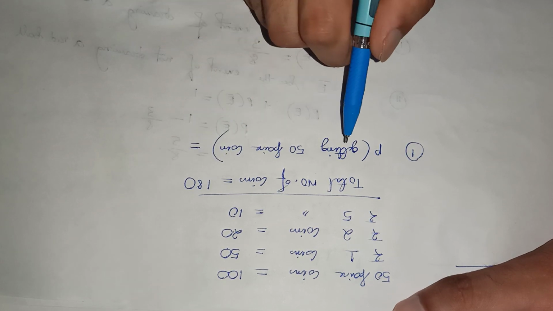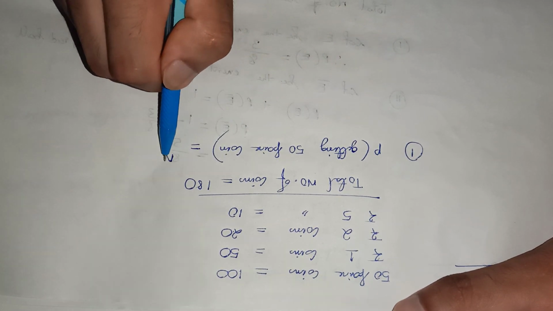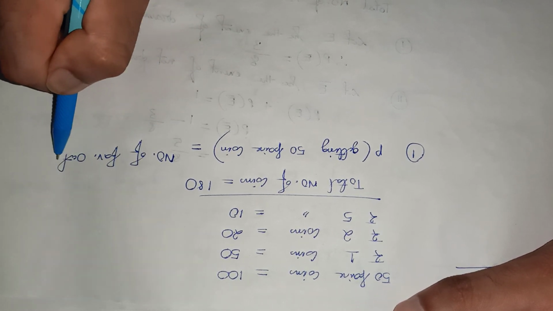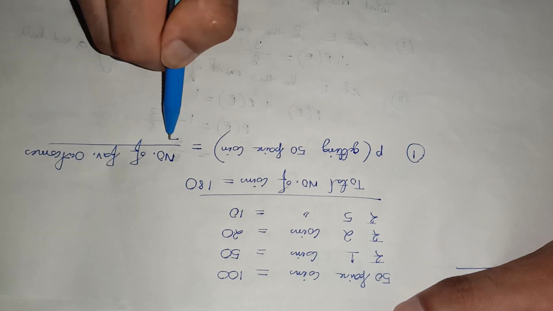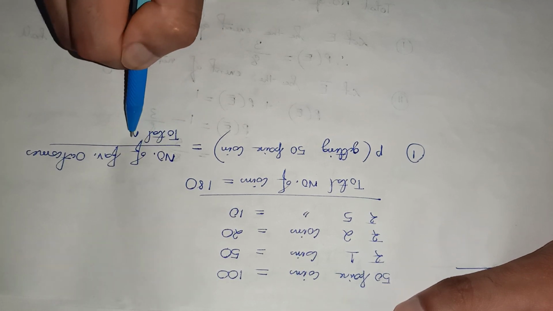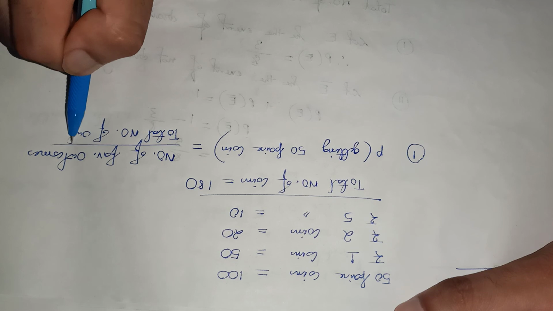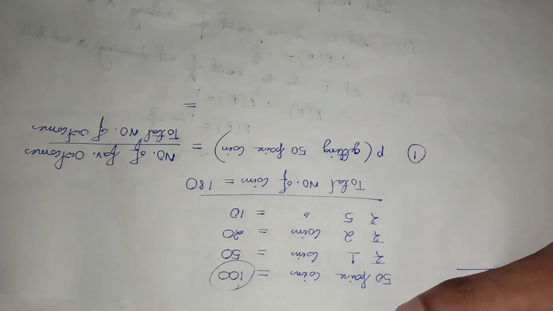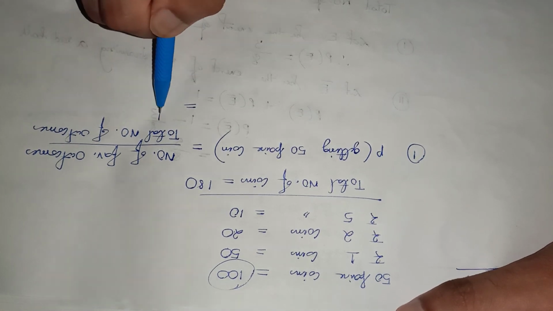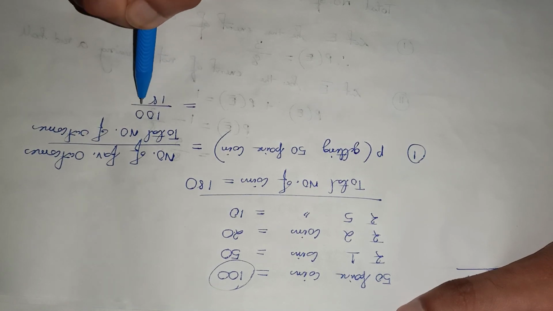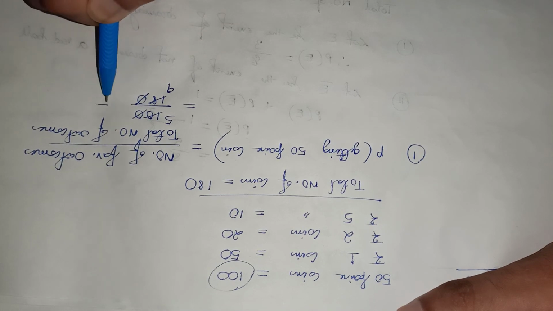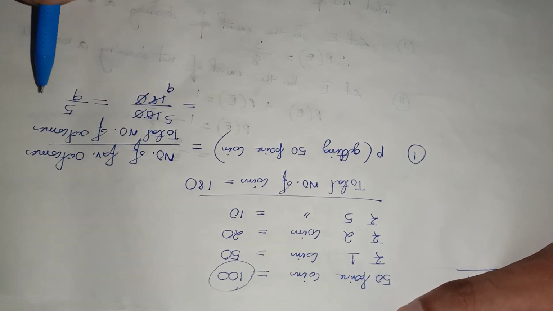Now, we know that the probability formula is number of favorable outcomes divided by total number of outcomes. There are only 100 50 paise coins. So number of favorable outcomes is 100, but altogether 180 total number. 2 5 times, 2 9 times. So your probability is 5 by 9.